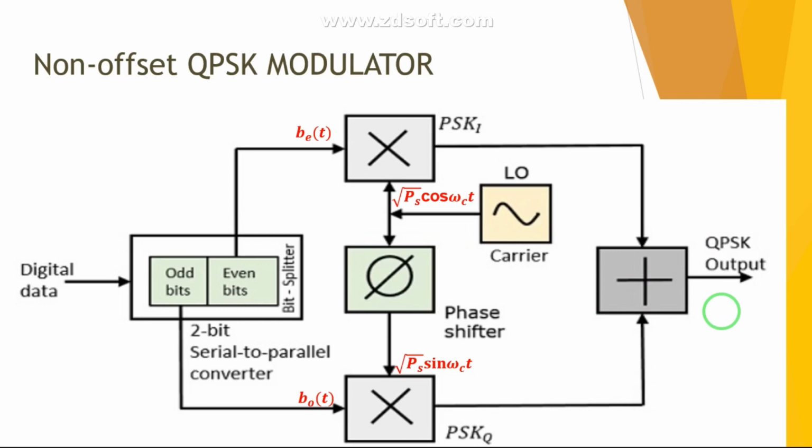So due to this non-linearity, the amplitude variations are going to result in generation of spectral components outside the range of the main lobe. So this is going to remove the effect of the band limiting filter, which is going to cause what, interchannel interference. So this is the important feature of your non-offset QPSK.